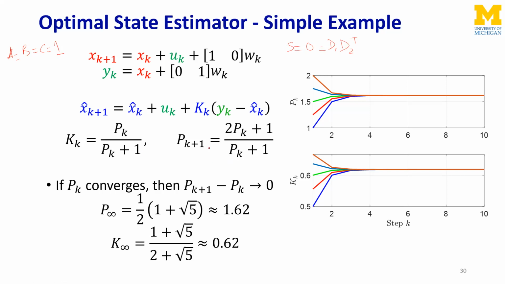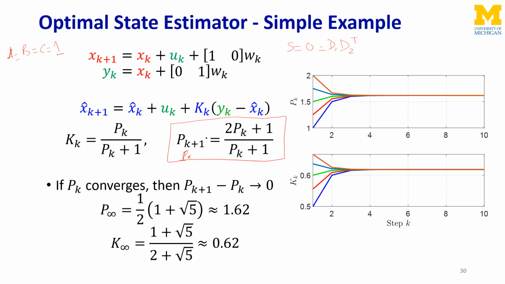Now, let's look at this equation. It's not a quadratic yet, it's a dynamic system. Let's just assume that P_k is going to converge. If P_k converges to something, then P_{k+1} is going to be equal to P_k. And then I can replace this guy with P_k.